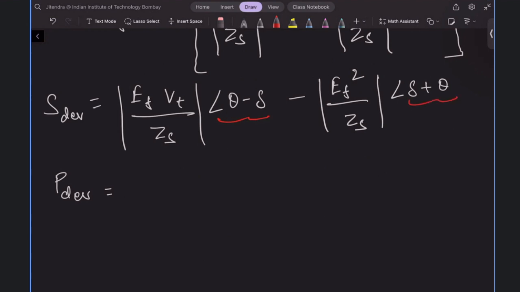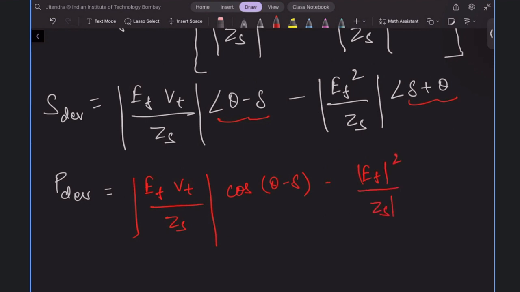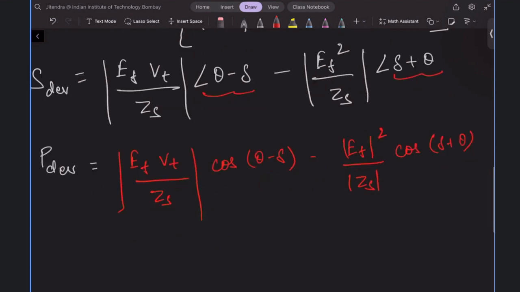If you take sine of these angles, it will give you reactive power. So EF VT by Zs cos(theta minus delta) minus EF square by Zs cos(delta plus theta). So this is the expression of the developed power.